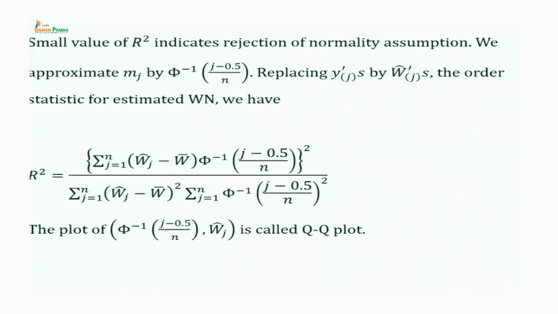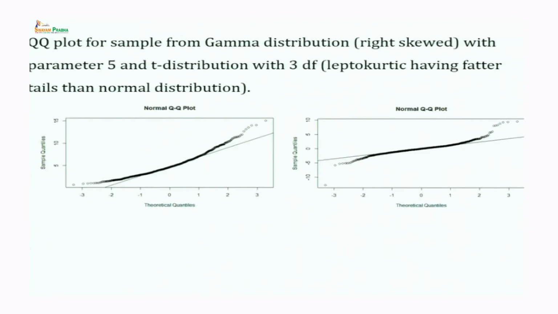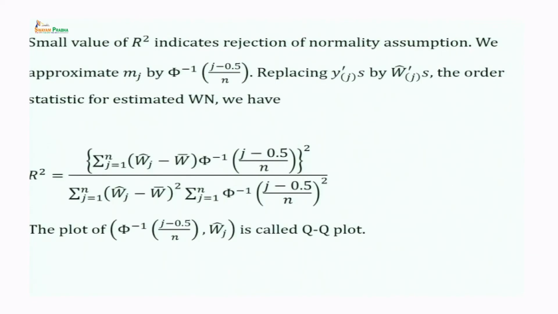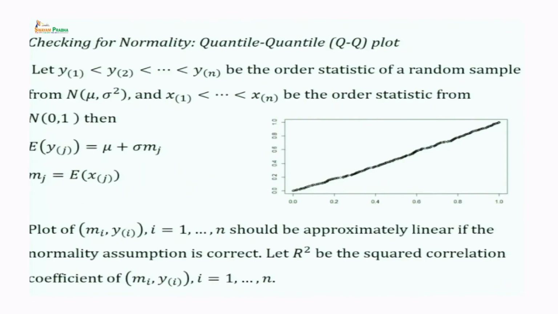So, the plot of phi inverse of j minus 0.5 upon n and w hat j is called the QQ plot. And if your observations or residuals are from the normal distribution, then QQ plot looks like this. All the points are on a straight line.